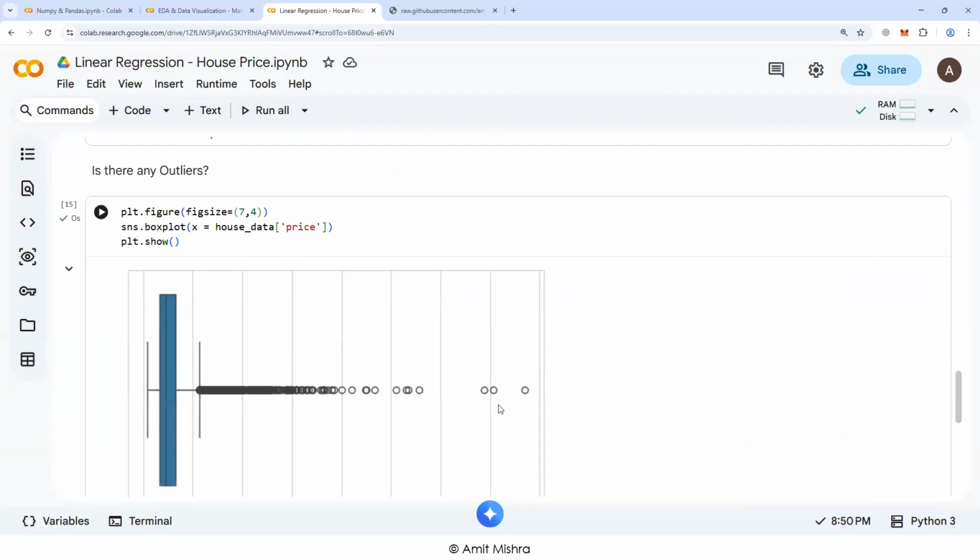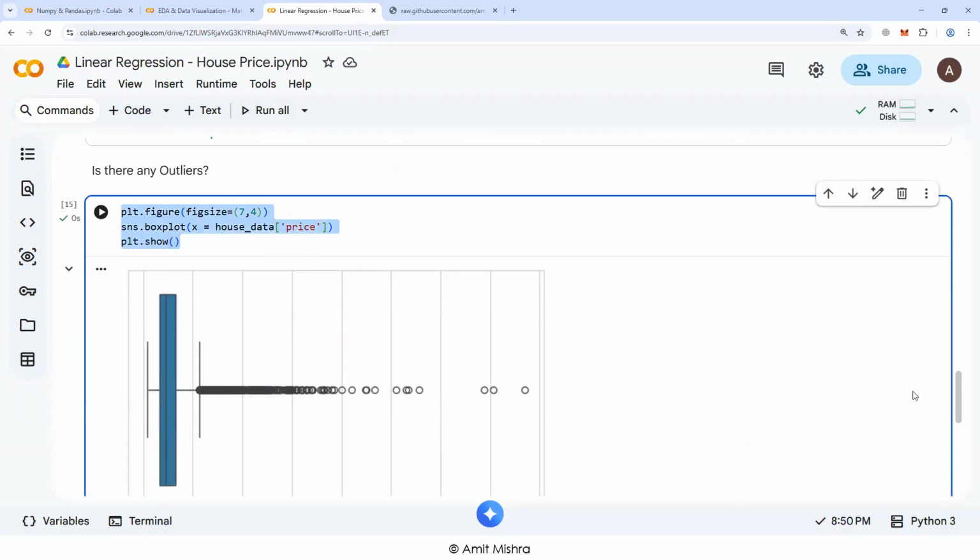You see that there are too many outliers in this data set. We are able to find out that there are too many outliers. We need to handle them. Let's handle the outliers.